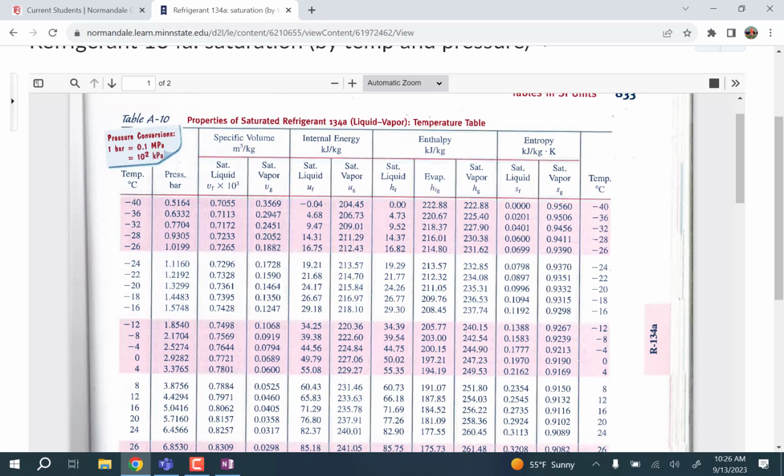The values you're going to use are the saturated liquid specific internal energy at -12 and -8. See if you can work through that.